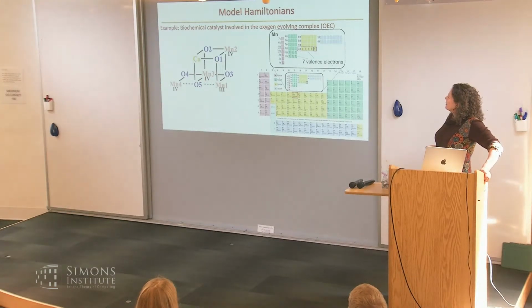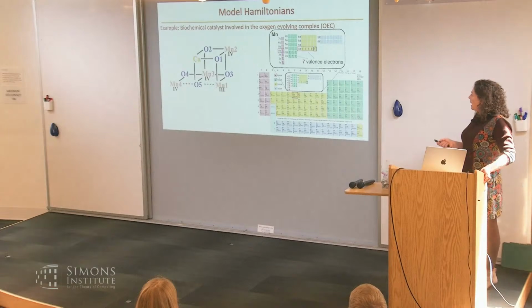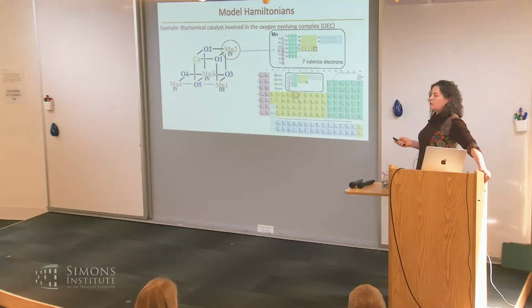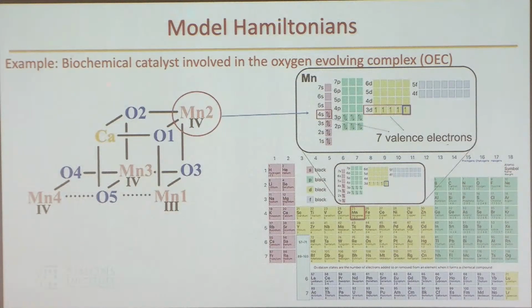The oxidation number tells you how many of these valence electrons are actually used up for the chemical bonds that we have here. So for oxidation state 4, four of them are used up. For oxidation state 3, three of them are used up.